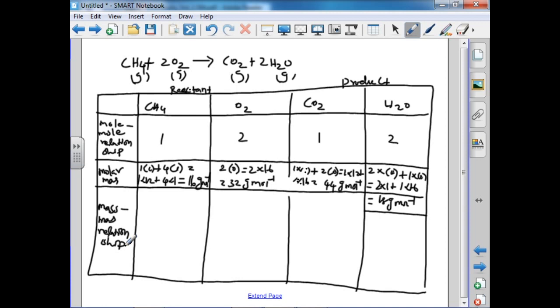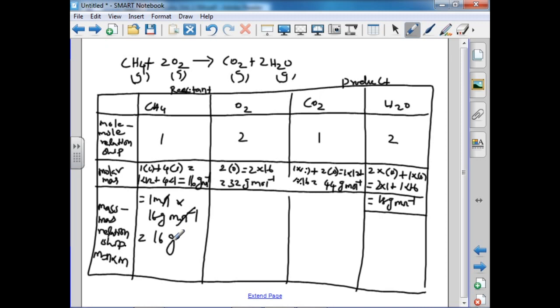Calculate the mass equal to number of mole into molar mass. So mass equal to 1 mole multiple with the molecular mass of methane 16 gram mole inverse. Mole inverse cancel, so 16 gram.